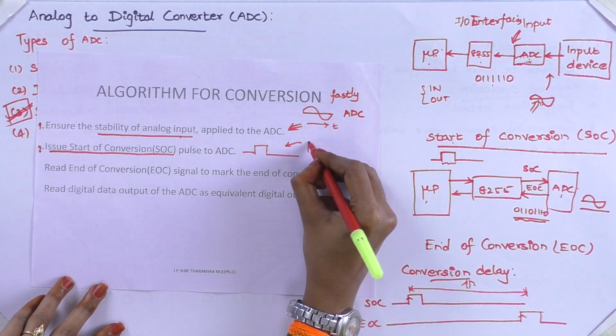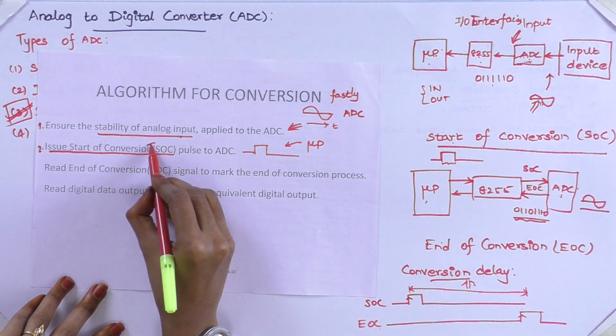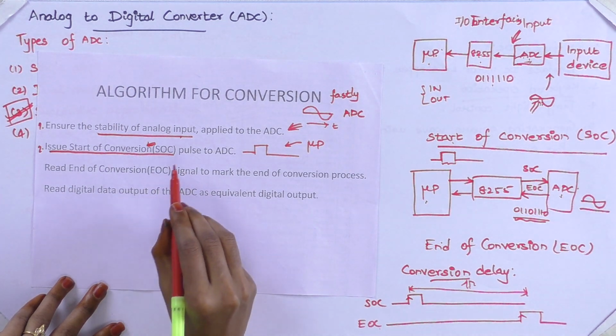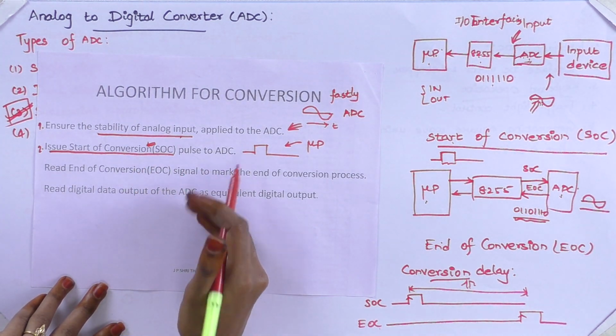This signal is issued by the processor. When the analog to digital converter sees this SOC signal, it starts the conversion.